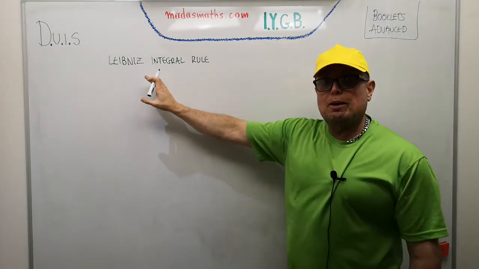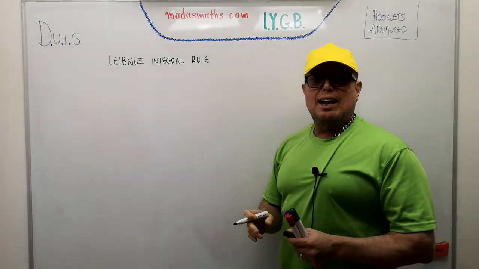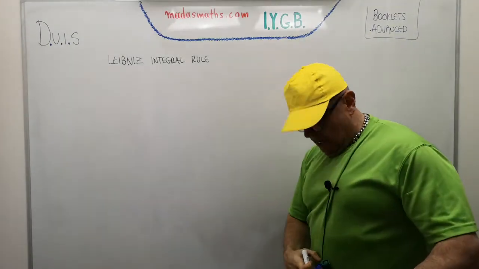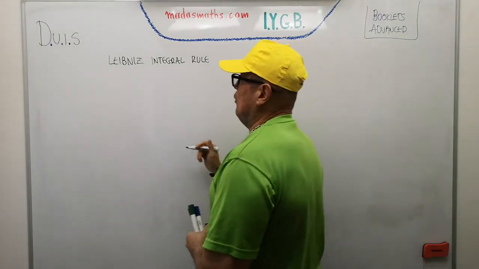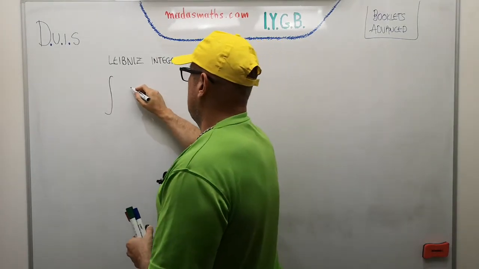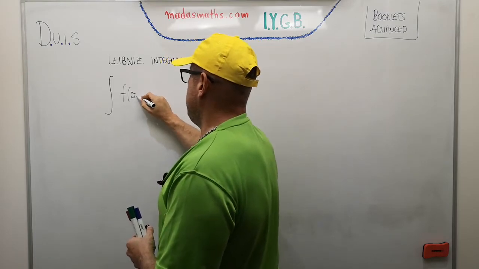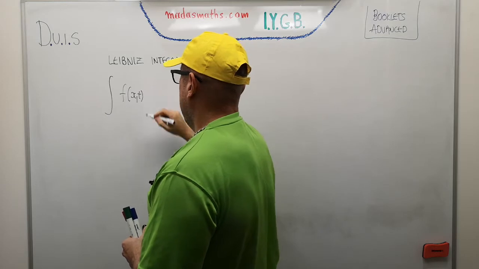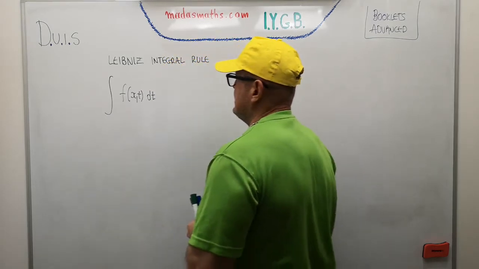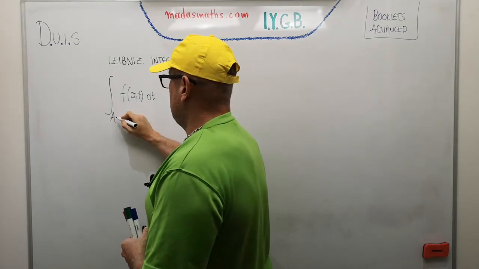It's not to be confused, by the way, with the Leibniz formula, which I think is to do with repeated differentiation of products, which I think now you actually do at A level. So the Leibniz integral rule says the following. Suppose we have an integral of a function f of two variables, let's say x and t, and we integrate it with respect to t, and we have variable limits.